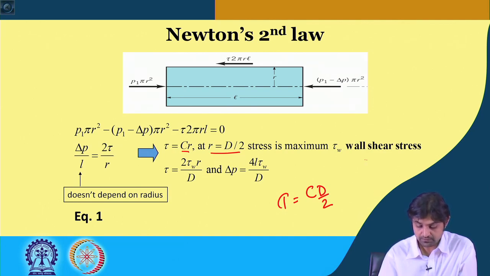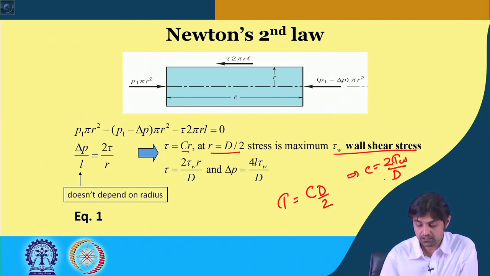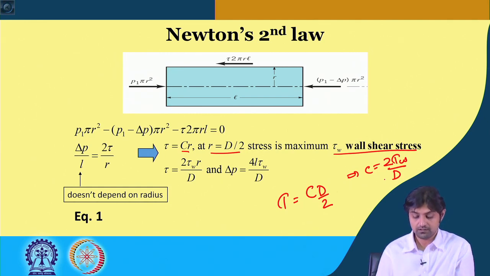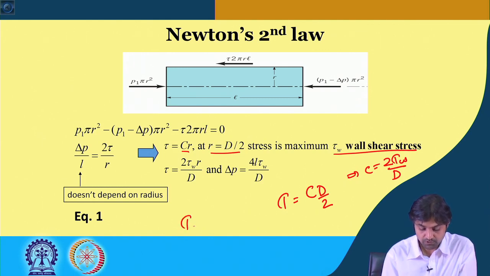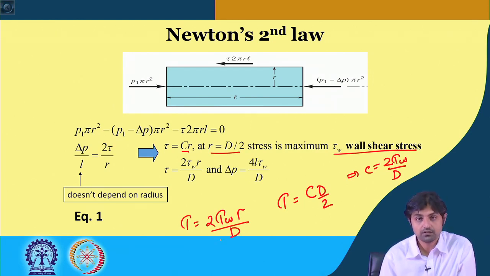All right. And this C is going to be 2 tau W by D. All right. Therefore, tau can be written as 2 tau W r by D. All right.